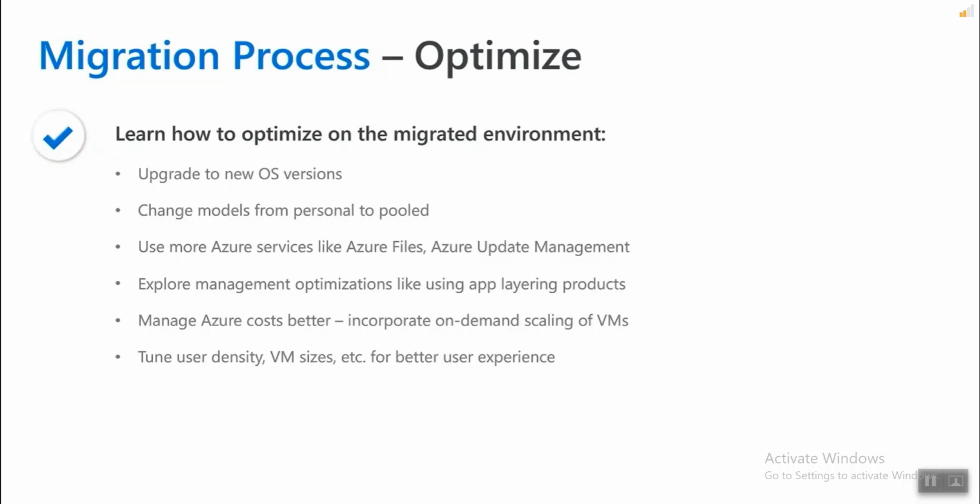So that way you're not really having VMs run 24/7 when they are not really being used for 24/7. And so this is the step wherein you go and look at all these kind of optimizations on your migrated virtual environment.